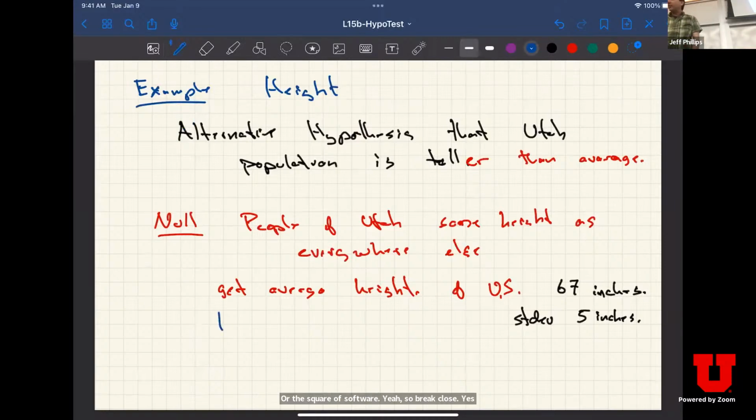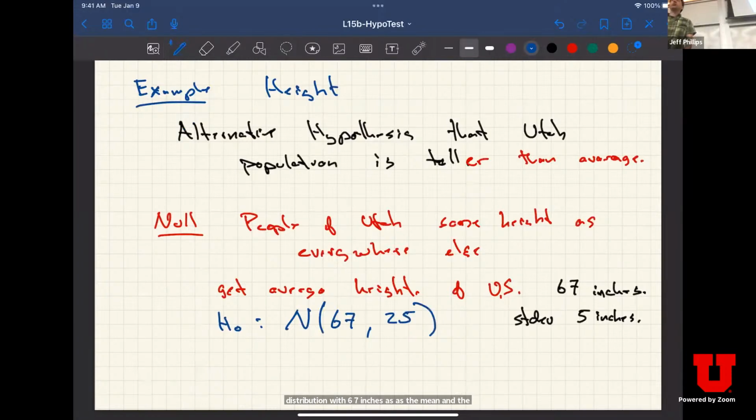So I'm going to have my null distribution as a normal distribution with 67 inches as the mean, and the variance will be the square of the standard deviation. That'll be 25 inches squared, right? So this was the inches.